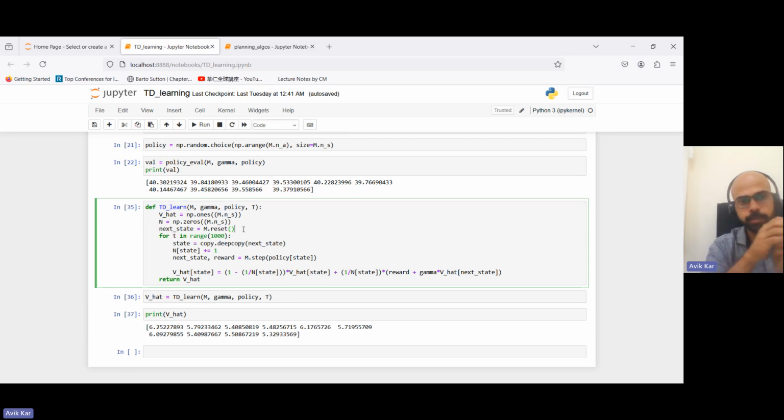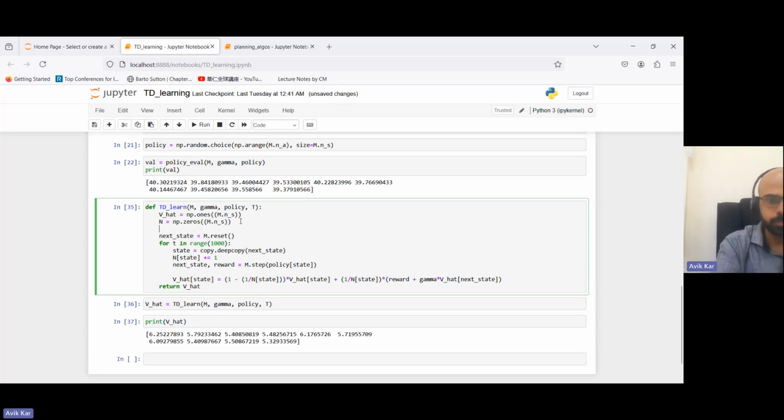And if the tail sum is negligible, then we can actually truncate these gamma discounted problems. So here we'll truncate this at 1,000, and this is one episode, you can think.